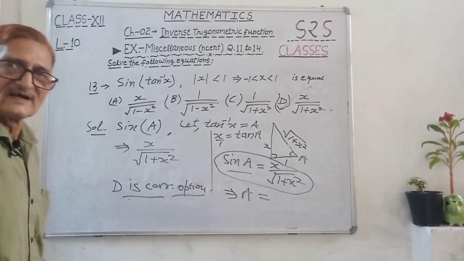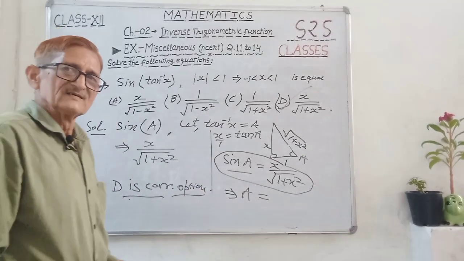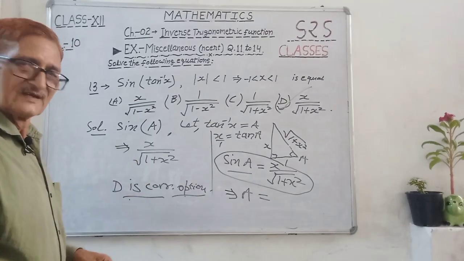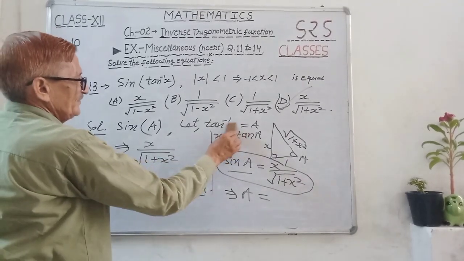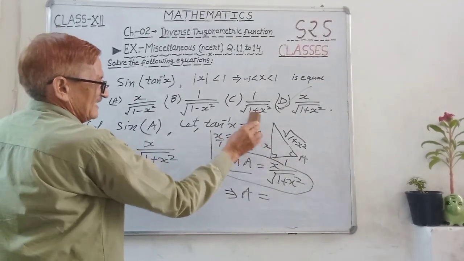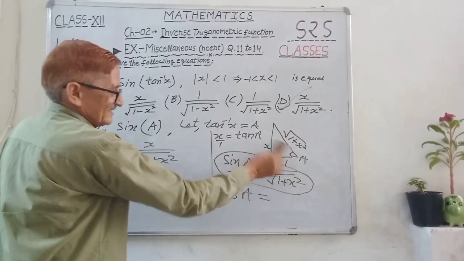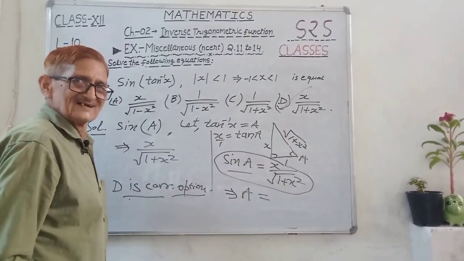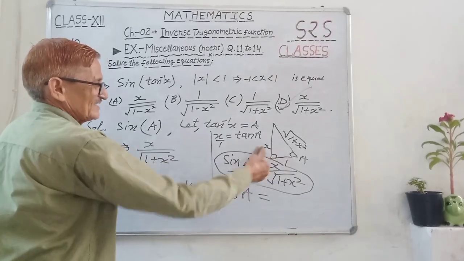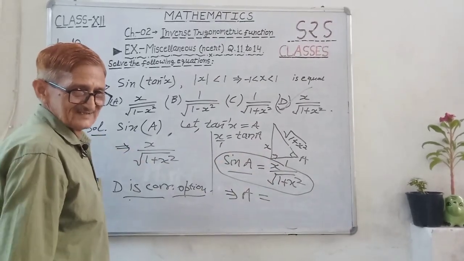Okay, clear? Take every inverse like this: make a right triangle, take the ratio, use the 10th class method, take the Pythagoras theorem and find the third side.